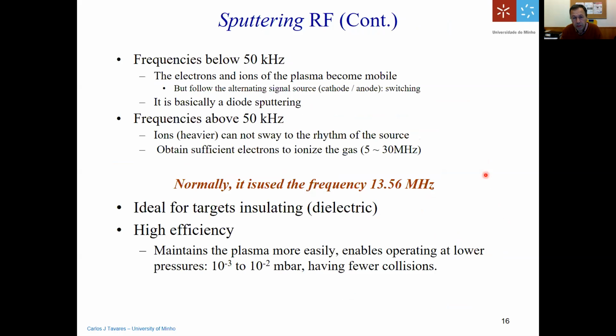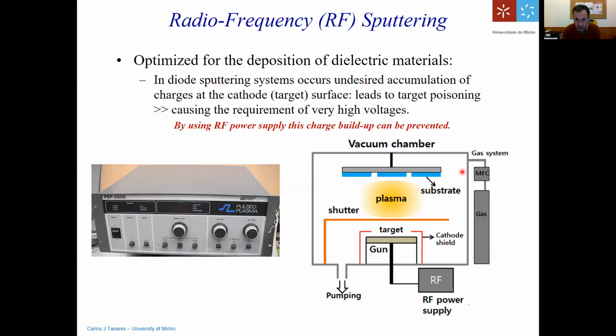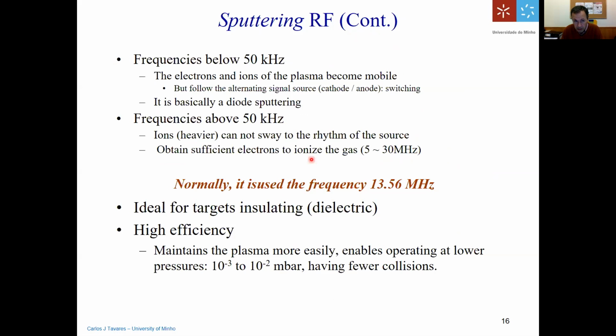There are differences between using low frequencies and high frequencies. Why do we use such a high frequency when we use, for example, RF sputtering? It has to do with the dancing of the charges and the particles inside your chamber, because for frequencies below 50 kilohertz, when you're using AC power supplies, the electrons and the ions of the plasma become mobile.